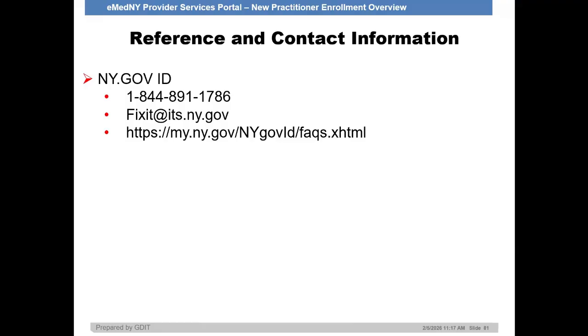As you can see, that is not going to eMedNY. So if, again, there is any issue with your NY.gov ID, you're not going to call the regular call center number. You're going to contact the state at this phone number or email address.